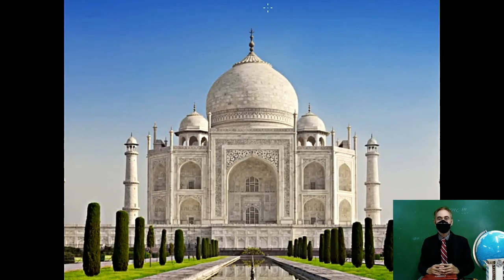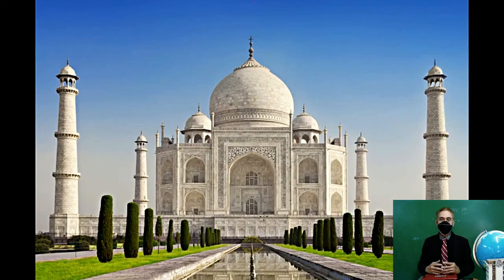Now for another example, this is the Taj Mahal, constructed by the Emperor Shah Jahan in Agra, India, dedicated to his wife Taj Mahal. This structure employs a very formal or symmetrical balance.